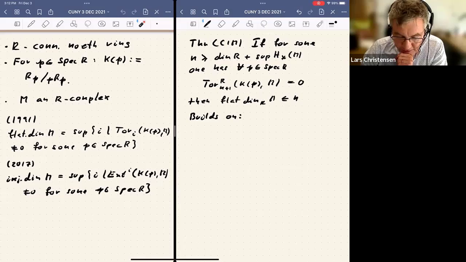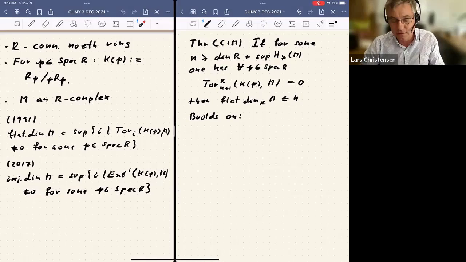But what is actually behind it, I call this the true rigidity statement, is that the statement that you're looking at here is true prime by prime. So if for some prime Tor vanishes, then all higher Tors vanish at that prime. And when you then throw them all together, you get the statement for flat dimension.